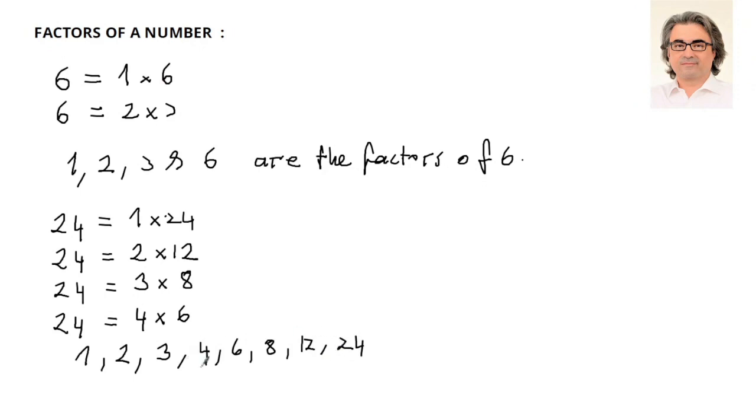So after 4, there is no actual number which gives you multiplication 24. After 4, writing 6 is not a new invention.